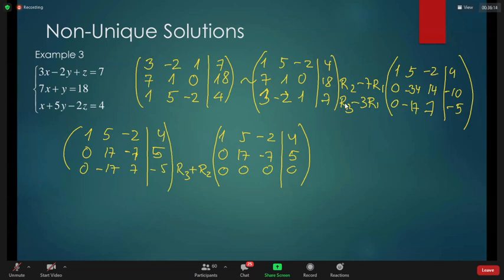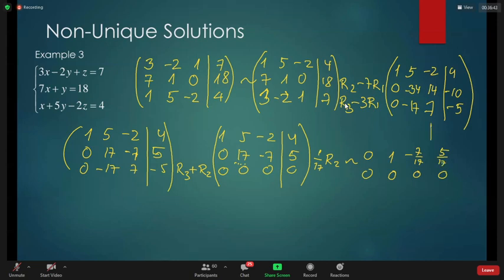That is, we do not have 1 here, and we do not have 0 above that one. So I am dividing the second row by 17. 1/17 of row 2. And so I have 0, 0, 0, 0. I have 0, 1, minus 7 over 17, and 5 divided by 17.